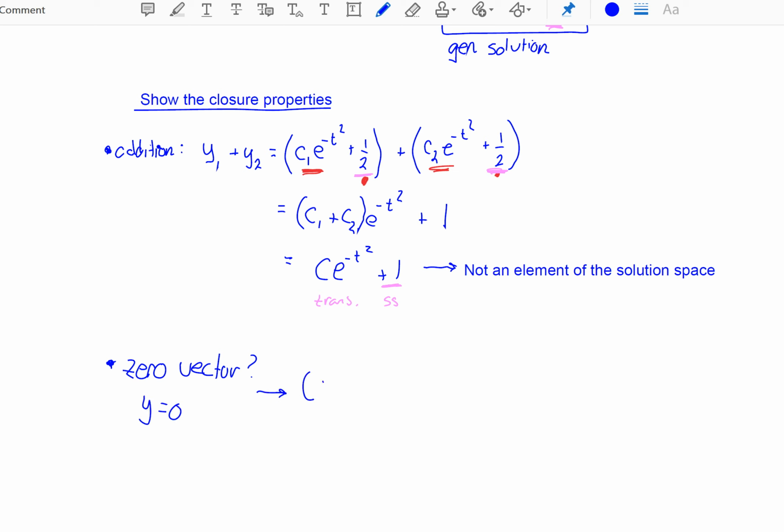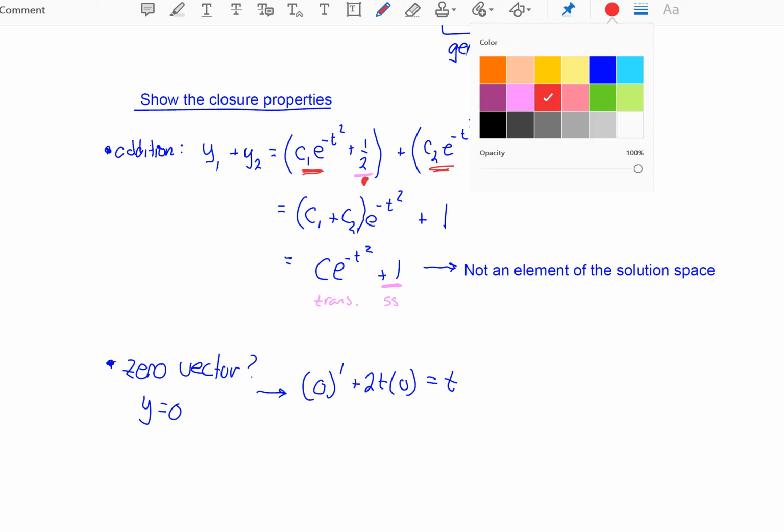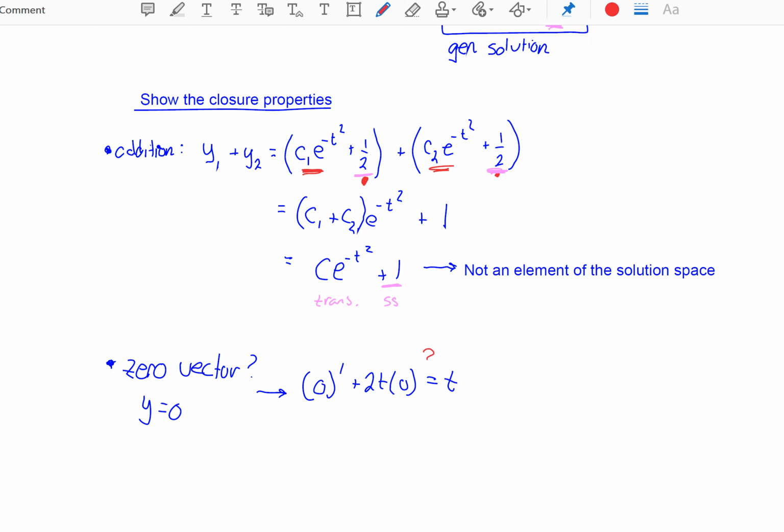So here it'd be 0 prime plus 2t times y equals 0. And we're asking, does y equals 0 satisfy this differential equation? And I think what we get here is 0 does not equal t.